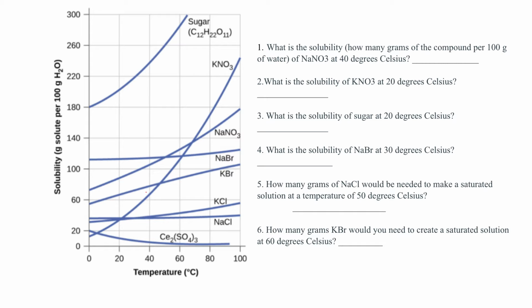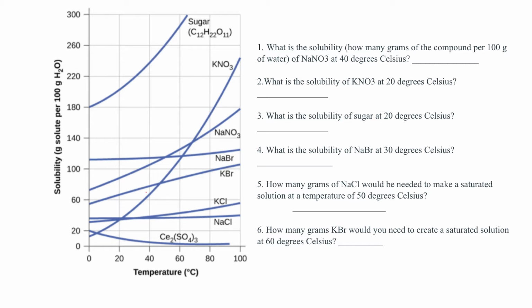So now let's go over some example problems for solubility. The first one says, what is the solubility, how many grams of the compound per 100 grams of water, of sodium nitrate at 40 degrees Celsius? So we can look at our graph here.